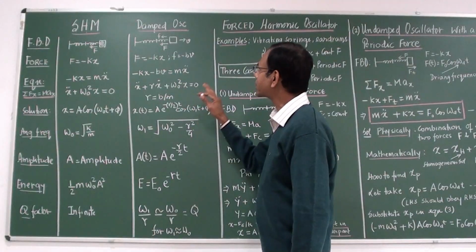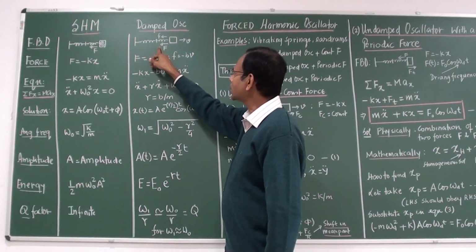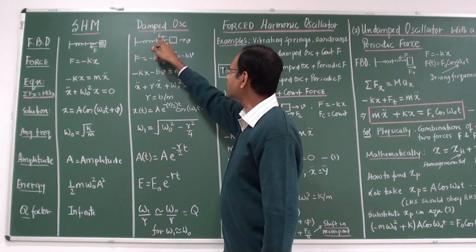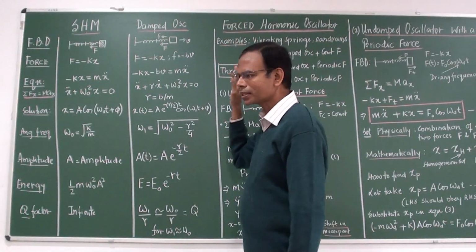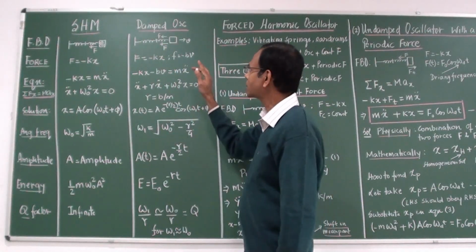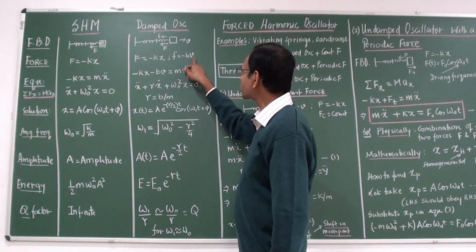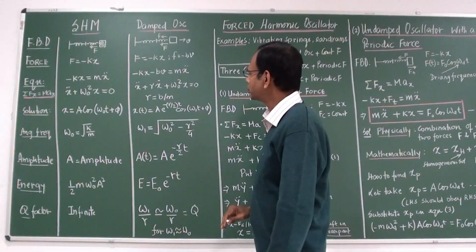Now, in the case of the damped oscillator, obviously the restoring force F is there, but along with that there is another force, small f, which is resisting the motion. That is the damping force. It is proportional to velocity, and it is written as minus bv because it is opposite to the velocity.